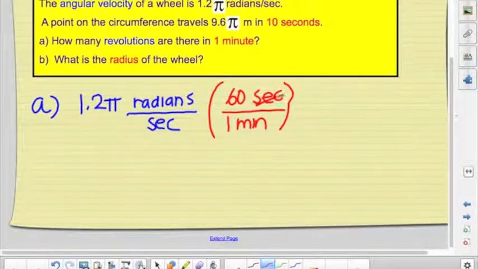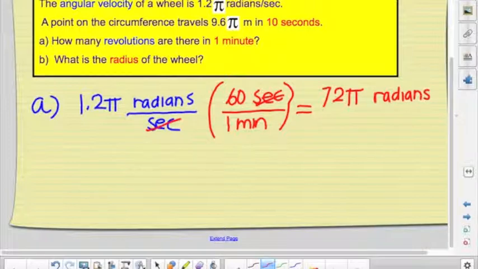So this seconds cancels with that second. So that means 1.2 pi times 60 is 72 pi radians per minute. So that's the first step.